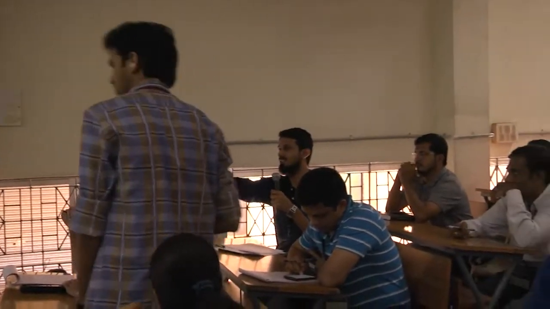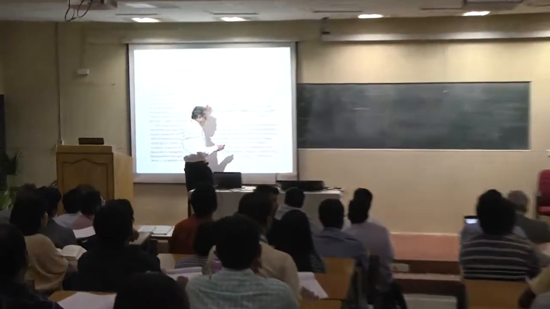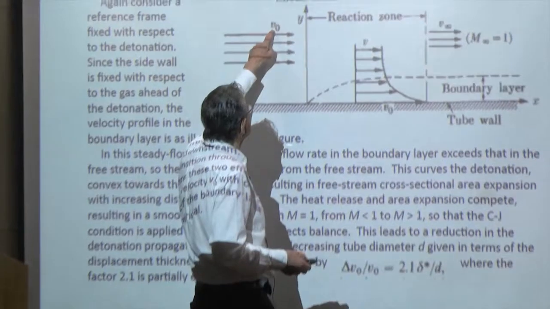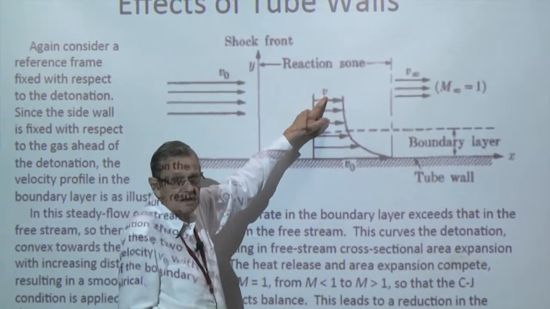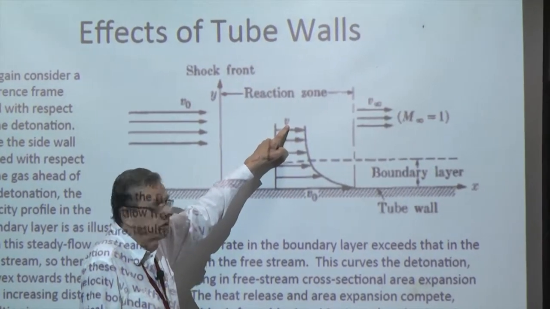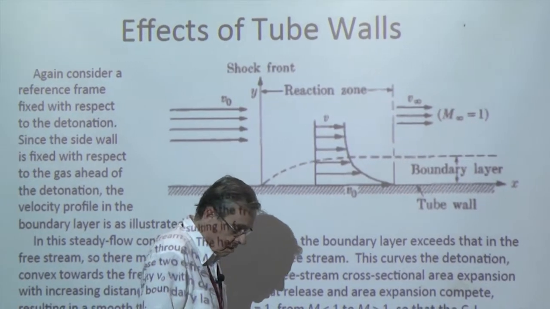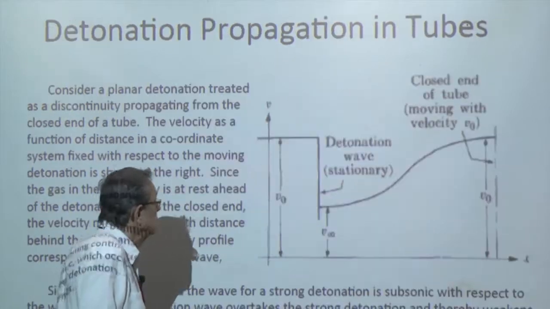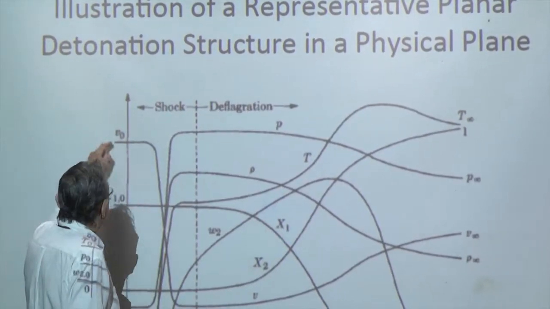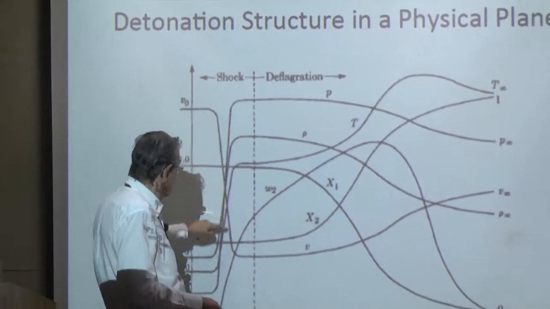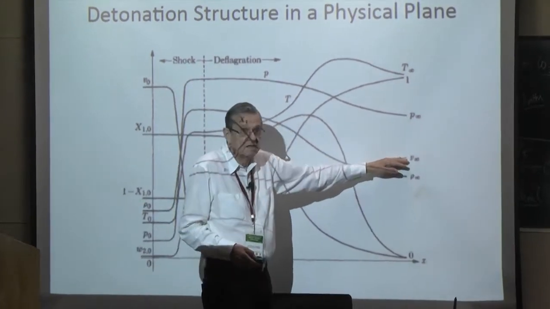In that case, why is the V less than V0? I mean, why the velocities in the reaction? The question is why is this V less than V0, and this is V0 and this is V infinity. This is the velocity behind the detonation, okay? And so V infinity is this, and this is V0, and V infinity in the detonation structure.